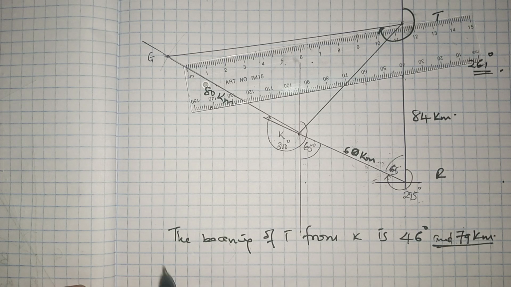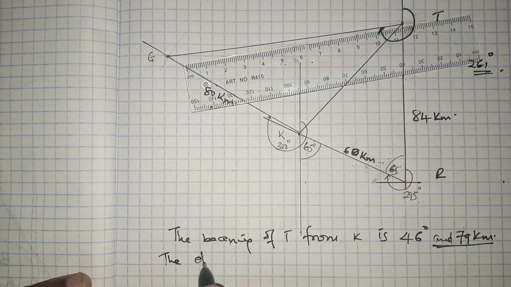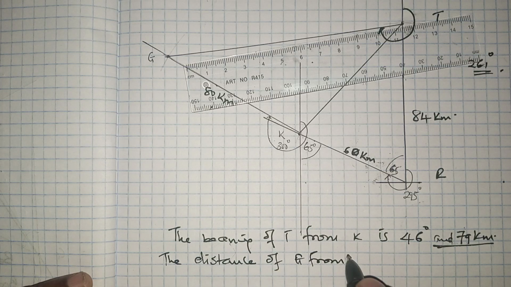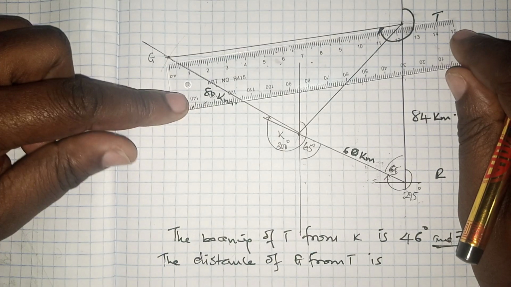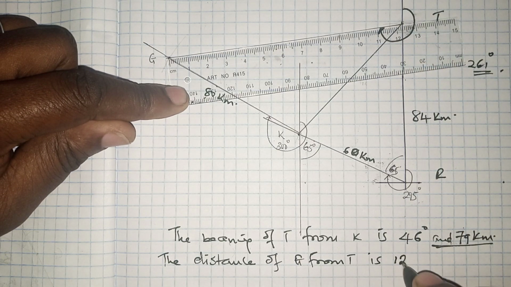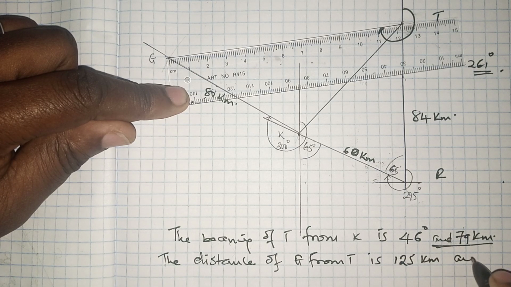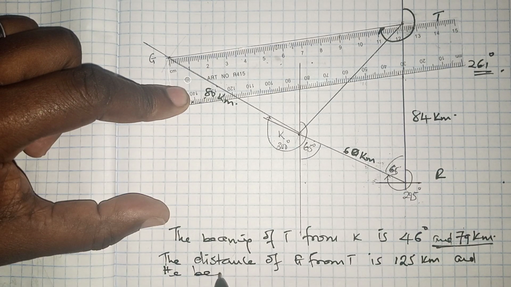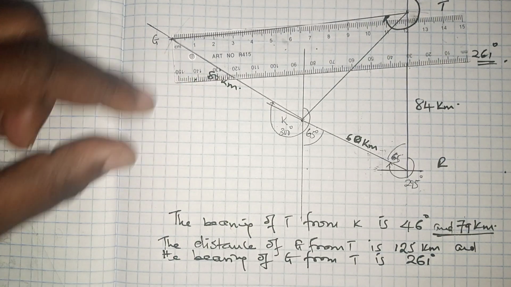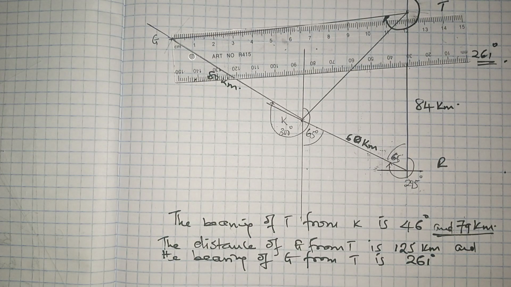So the distance of G from T is 125 kilometers, and the bearing of G from T is 261 degrees.